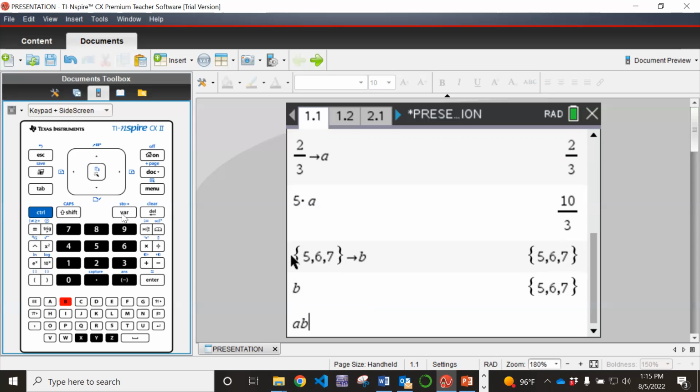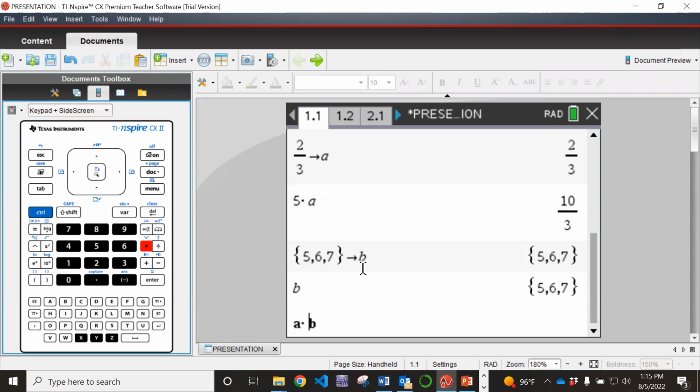The Nspire allows you to use a string of letters to create a single variable name. So what that means is right now this Nspire is saying you're trying to talk about the variable ab rather than the quantity A times the list B. So what I need to do in order to make sure that it understands me is I actually need to put in a multiplication in between them.